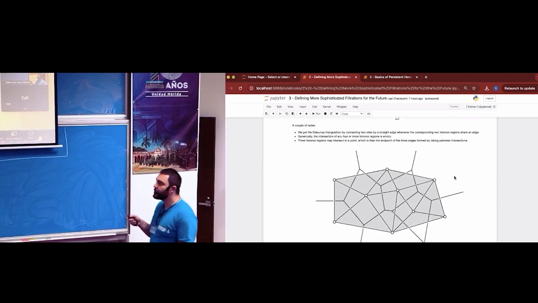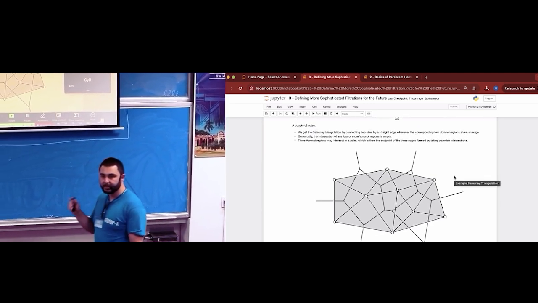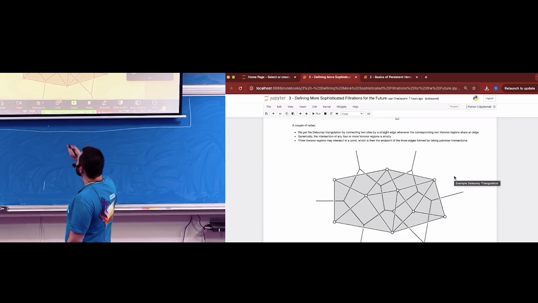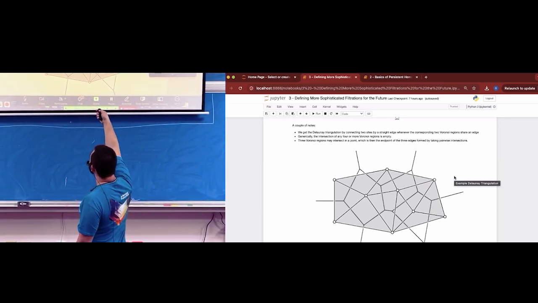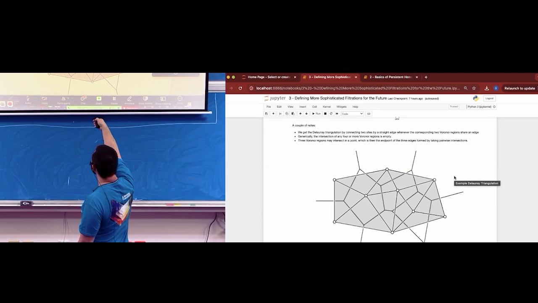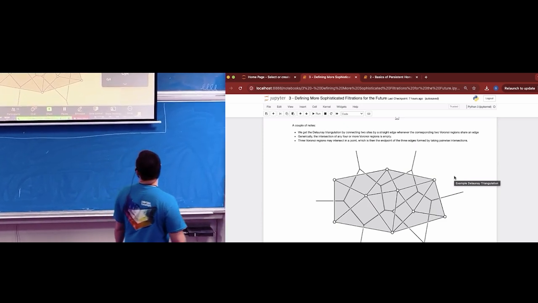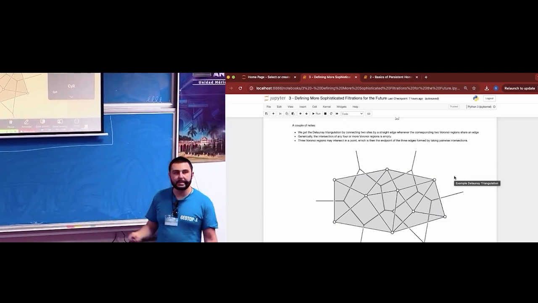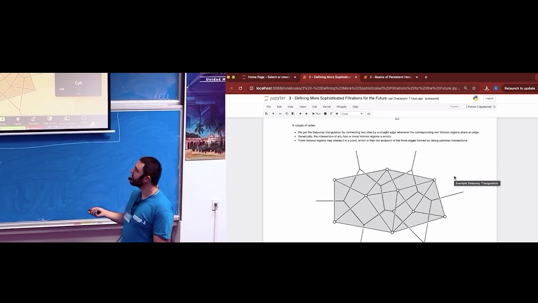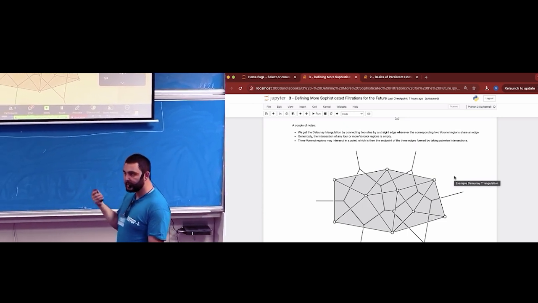But some really important notes. When I'm only working in that first order Voronoi diagram, we can get the Delaunay triangulation by connecting two sites. So I can connect two of my Voronoi cells by a straight edge. If we think of these two cells, there's a straight edge that connects them, and therefore I have the edge whenever the two corresponding Voronoi regions share an edge. What does that mean? Well, when we're in lower dimension, that means that we have possible degeneracy constraints.